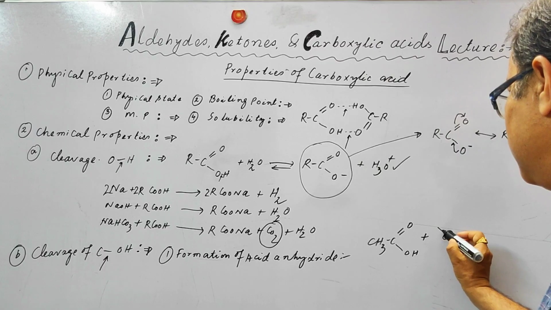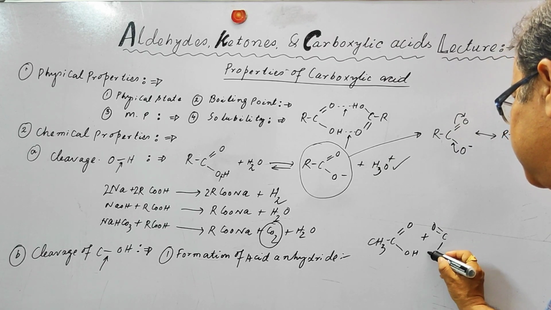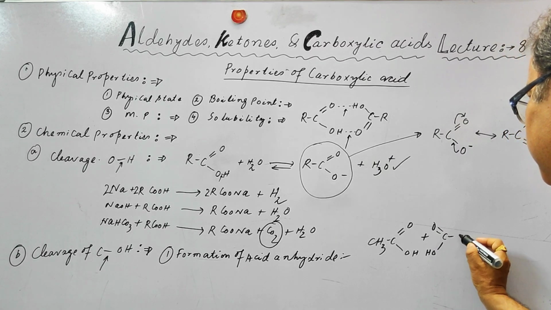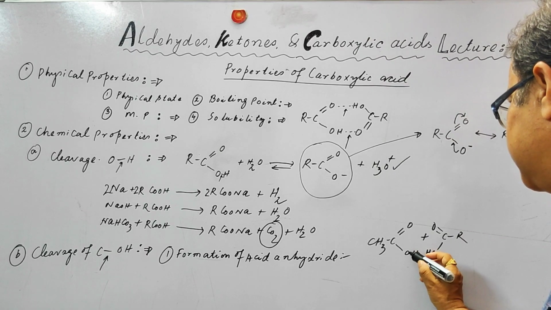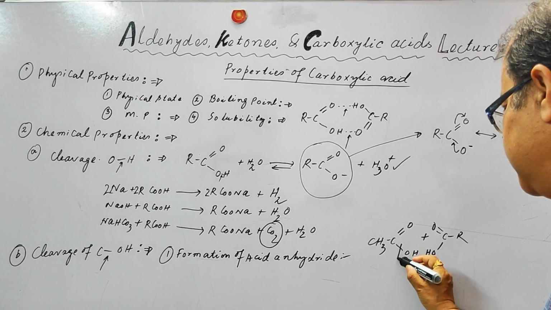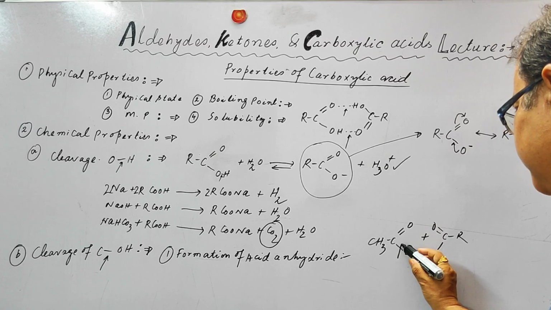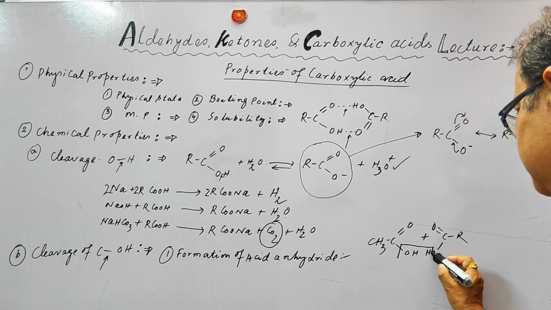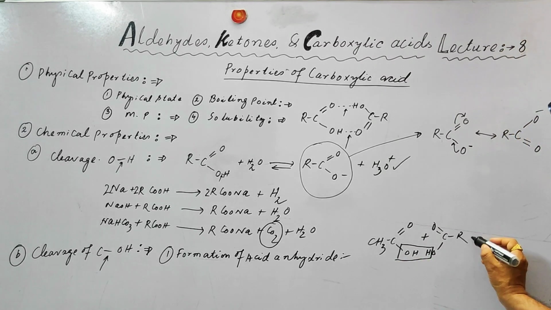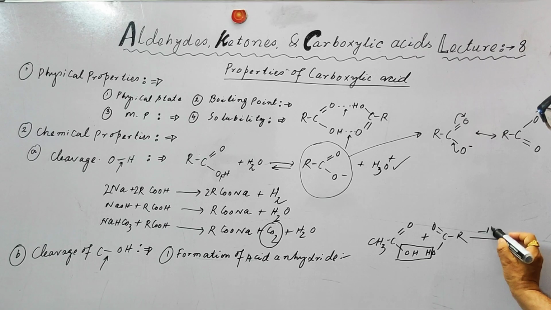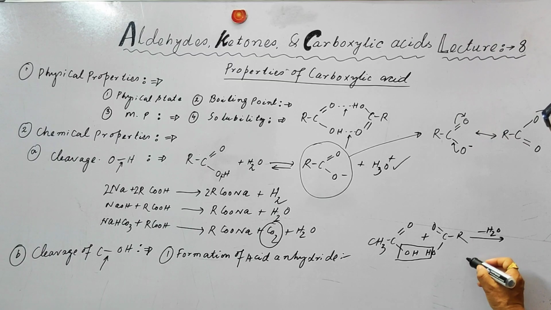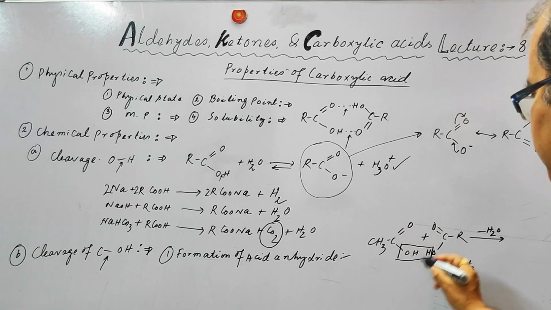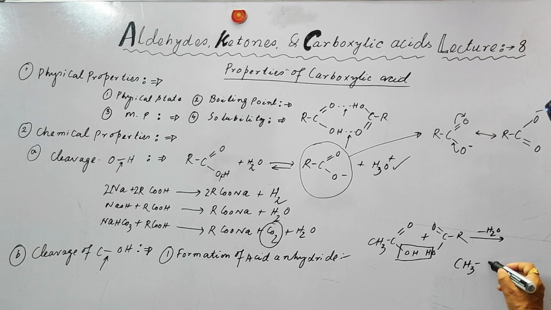It is going to produce this acid anhydride, and you can see here this C-OH bond is broken, and it eliminates one molecule of H2O and produces the ethanoic anhydride.